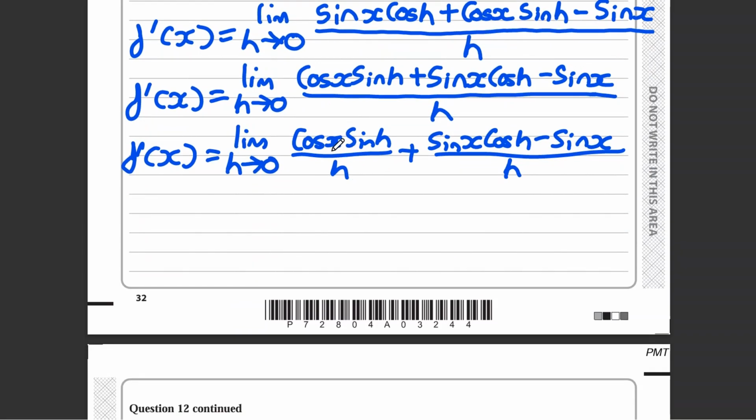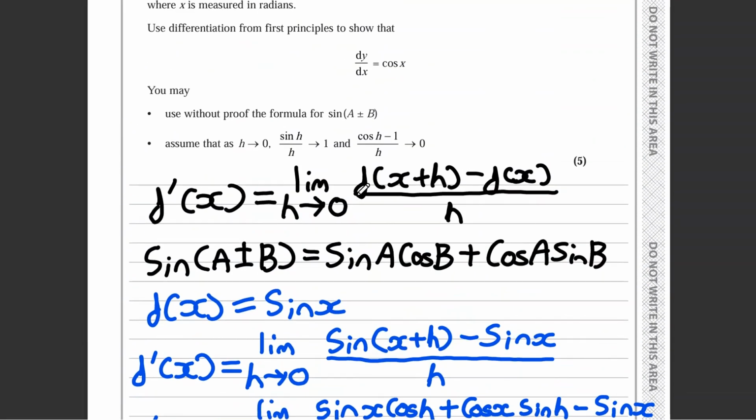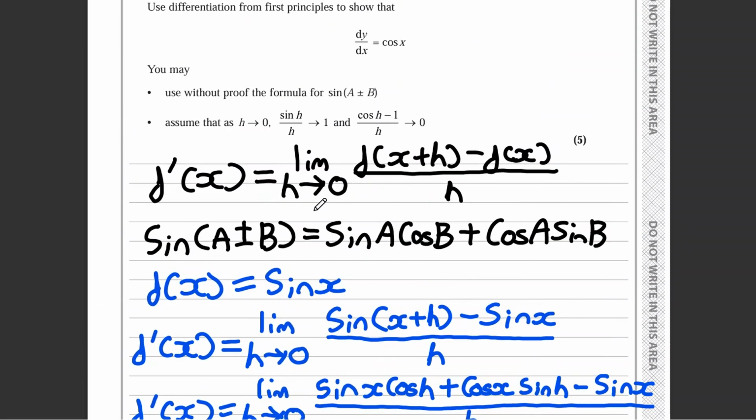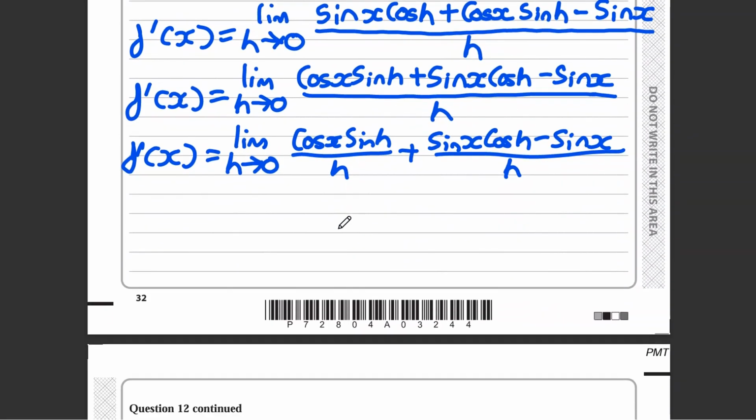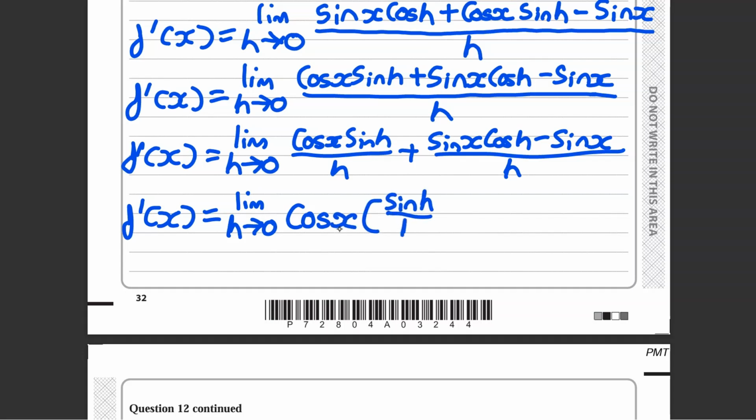Okay, so what we can do here is you can see that we've got this cos x sin h over h, we've got this sin h over h. So if we factorise cos x out of this, it's going to be f dash of x is equal to the limit as h approaches 0. If we factor out cos x from this, we'll be left with sin h over h.